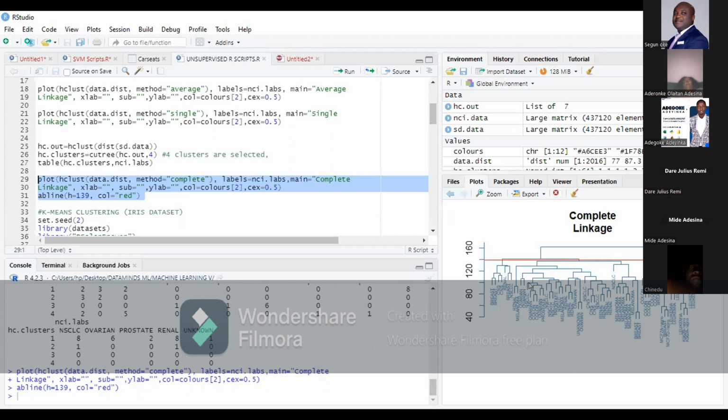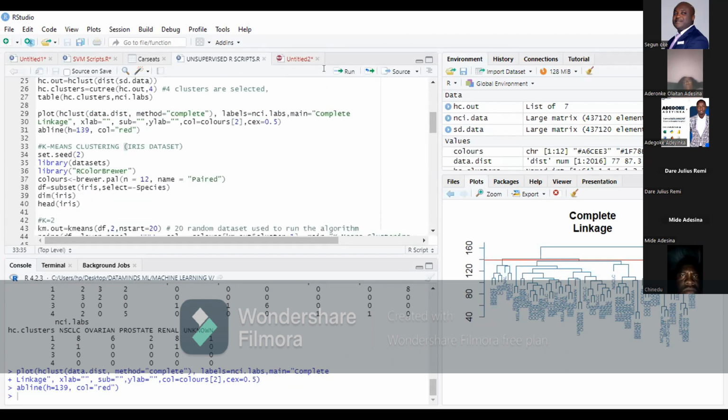We have one here, and another one there. So we have 4 different clusters from that end. Because of the last line that was used to demarcate them, we can see 1, 2, 3, 4. Just look at it from the top. You see that it's already cutting through 4 main ones. So it groups those that are together, it brings them together.